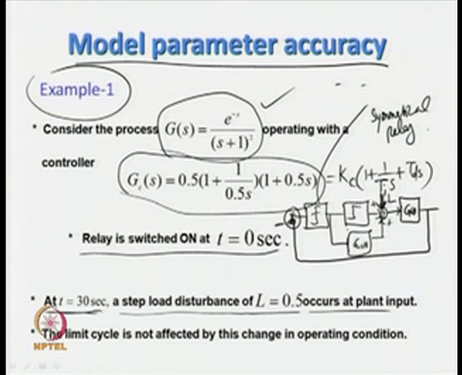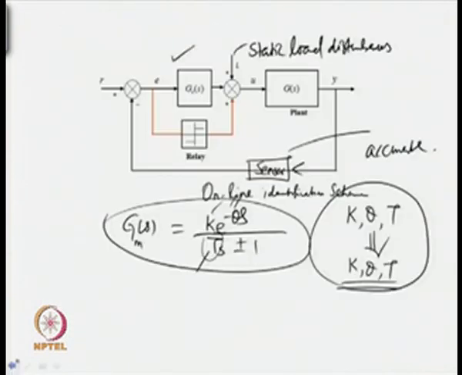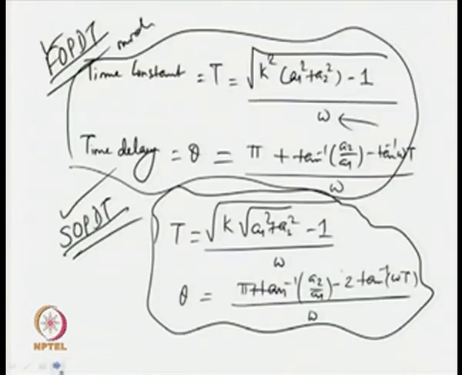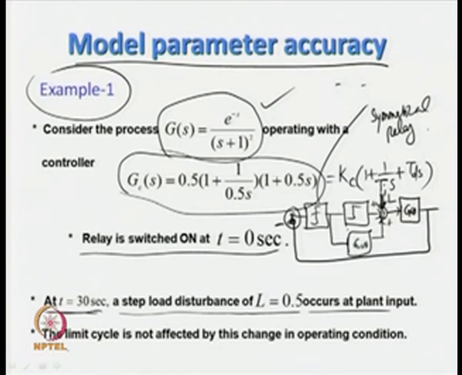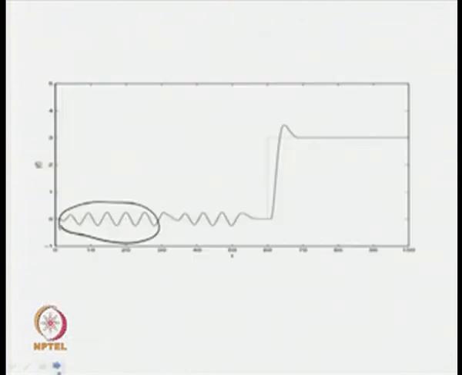This is the correct block diagram for the online identification scheme that we have already given. I am simply redrawing the same over here. At time t equal to 30 seconds, a static load disturbance of magnitude 0.5 occurs. Due to that, there will be changes to the limit cycle output for a certain time.